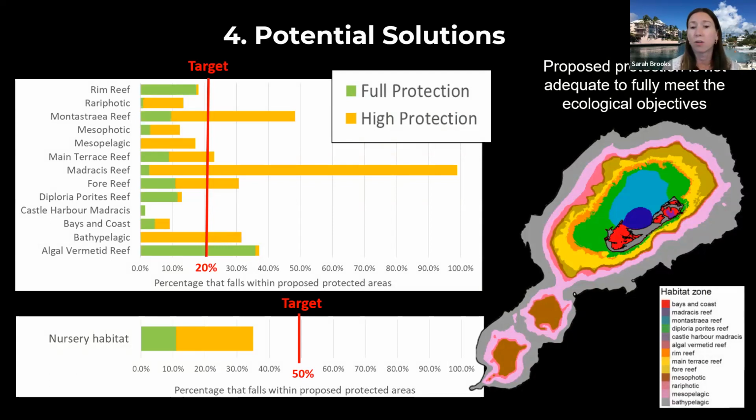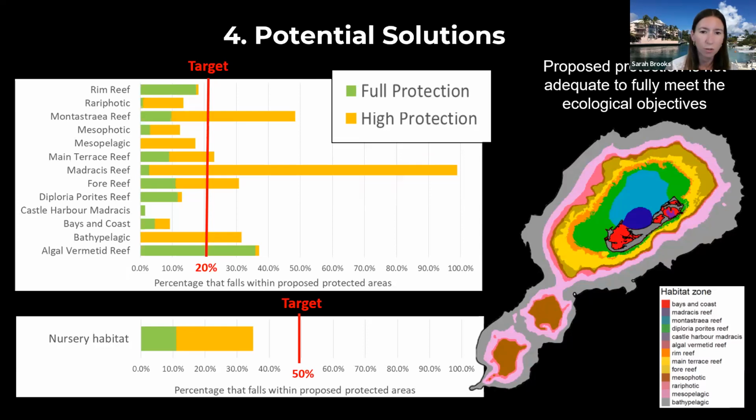Another main concern raised, especially by those in the tourism, conservation, and science communities, is that the proposed protection isn't adequate to fully meet the ecological objectives, and there's therefore a risk that the marine protected areas won't be effective at providing the benefits that we want. And I wanted to demonstrate this visually.